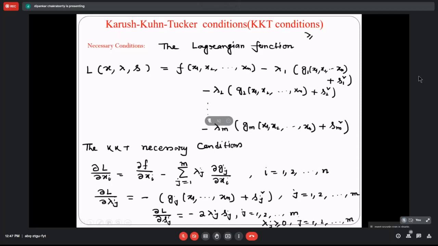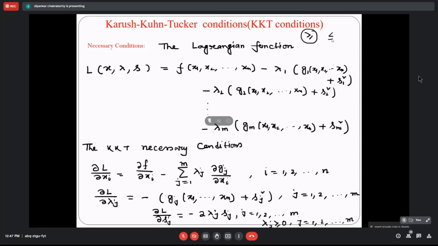What I'm saying is that what we have done, where lambda is used for each of the constant. And because of this constant, if it is less than equal to 0, we are going to add sj square, and if it is greater than equal to 0, then we are going to subtract sj square. Now, whether we are going to subtract or add, that is basically depending on greater than equal to 0 or less than equal to 0, the type of constant given to you.